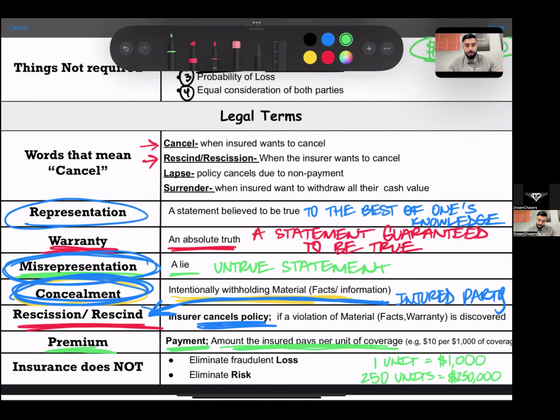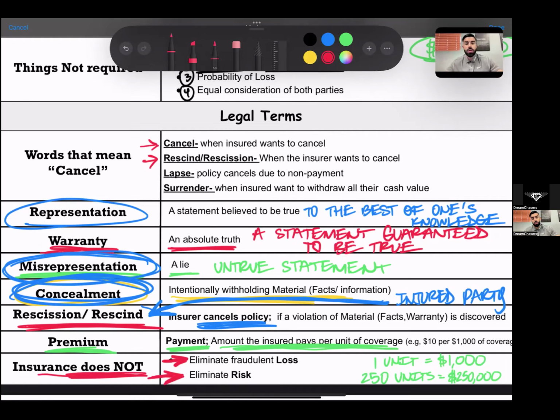And then lastly, just finishing up here, chapter two, insurance does not eliminate fraudulent risk. Just because you have insurance doesn't mean that it's going to eliminate fraudulent loss, where people submit claims that may not be truthful. And because you have insurance, that also does not eliminate risk.